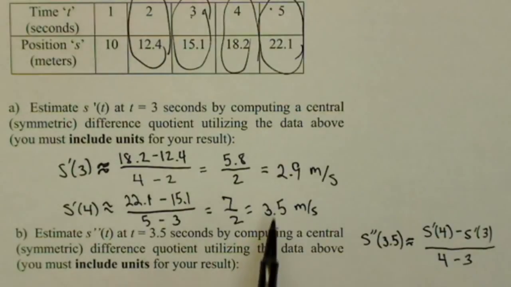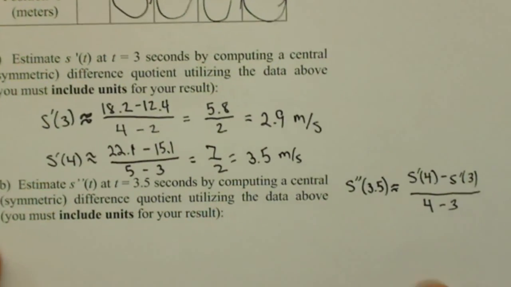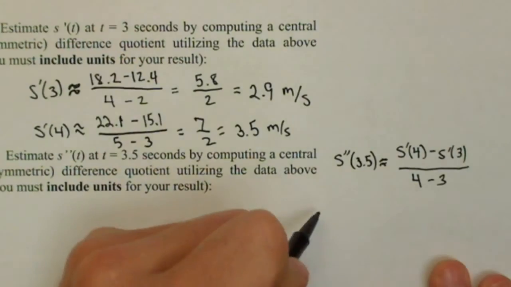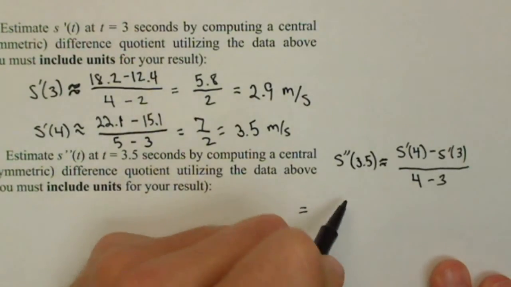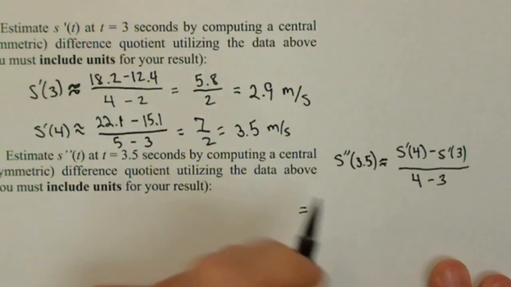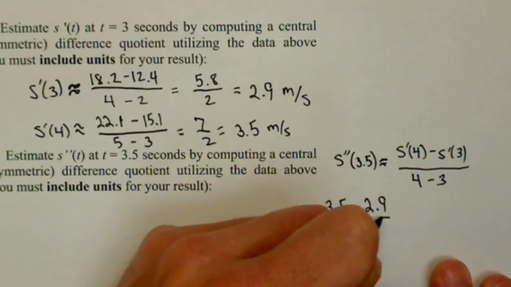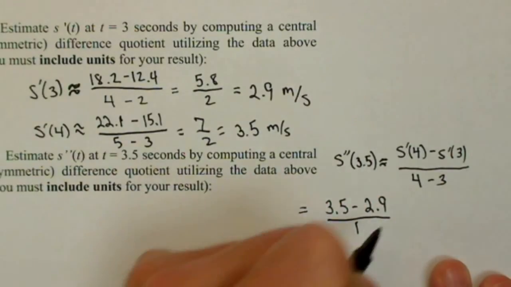All right, we've got our values, s prime of 4 and s prime of 3. I'm going to move the paper a little bit now that we don't need that data anymore. So our s double prime of 3.5, let's see, we had s prime of 4 minus s prime of 3, so 3.5 minus 2.9 all over 1.